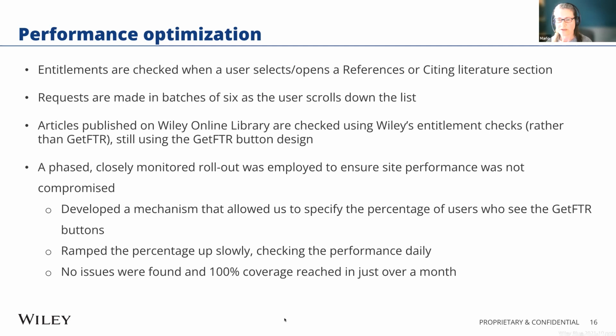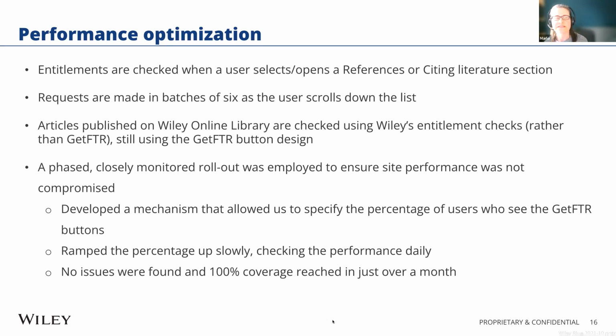For the rollout, we also employed a phased approach, because although we could simulate high levels of traffic and page load in a QA environment, it's a bit of a risk to do that in the production environment at scale. So we developed a mechanism that allowed us to specify the percentage of users who would see GetFTR buttons at any given time.